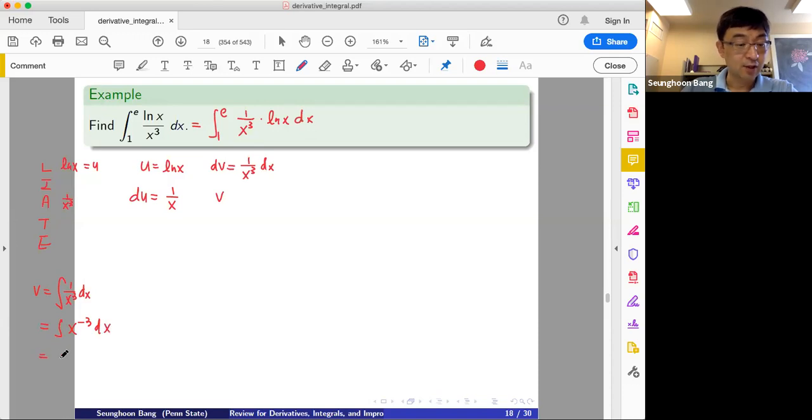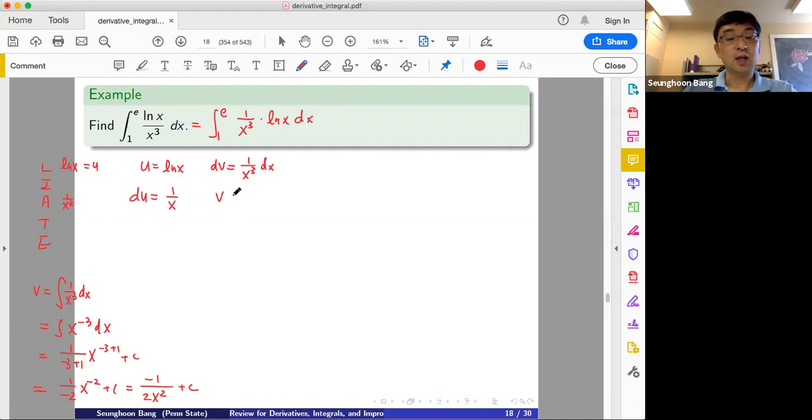Find the antiderivative: 1 over negative 3 plus 1, x to the negative 3 plus 1, plus c. So we have 1 over negative 2, x to the negative 2, plus c, which is the same as negative 1 over 2x squared plus c.